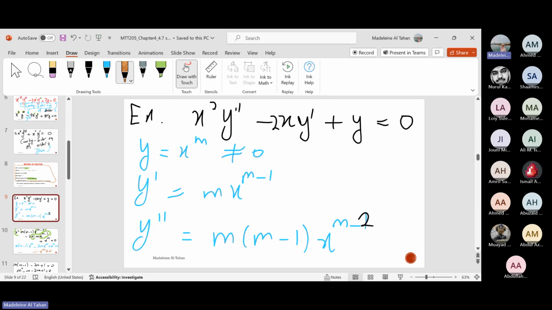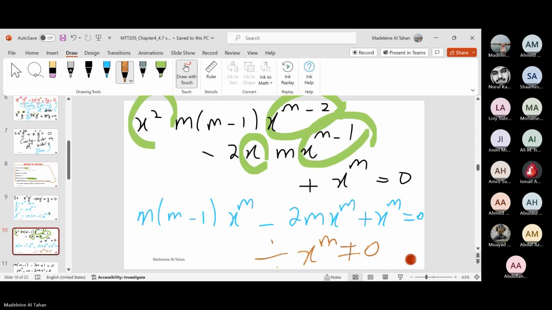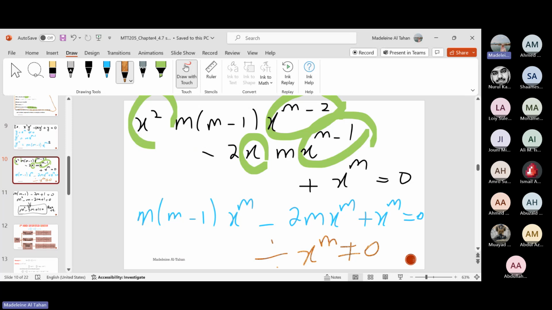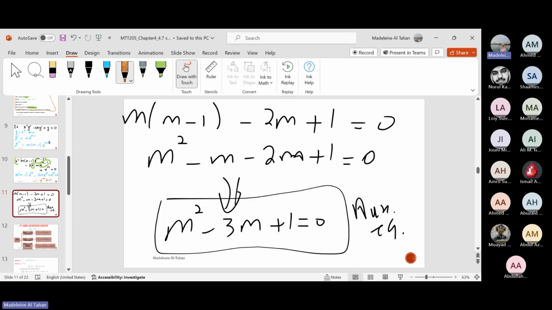So this is how we start: y equal x^m, substitute, simplify, divide by x power m, get your auxiliary equation, and then find the roots of the auxiliary equation. Will the solution rules be the same as y_h? This one already is homogeneous, so it will be the y_h, yes. Okay.